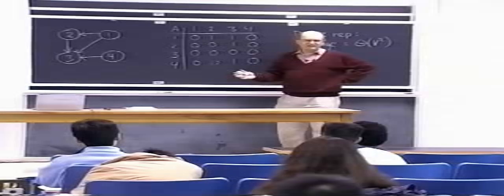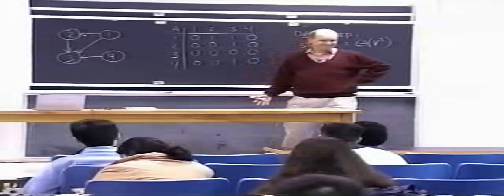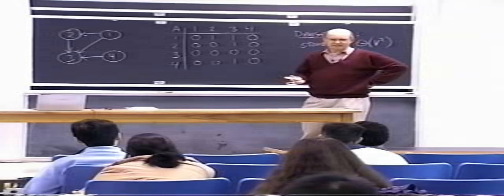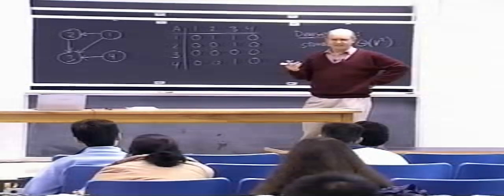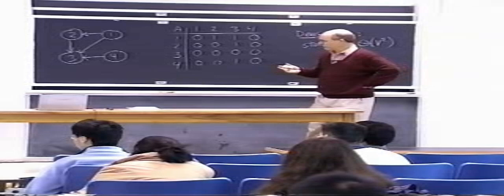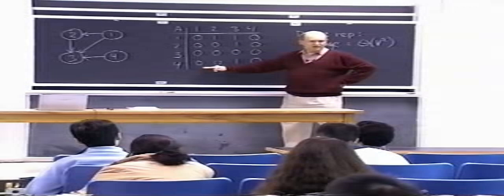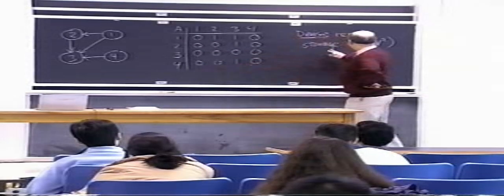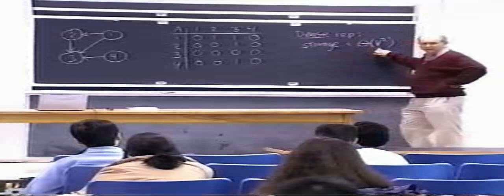And if they're mostly 0, you don't want to represent them. For example, in a tree, the number of edges is 1 less than the number of vertices. So therefore, you should be able to represent a tree with only order v entries. But here, it would use order v squared storage.